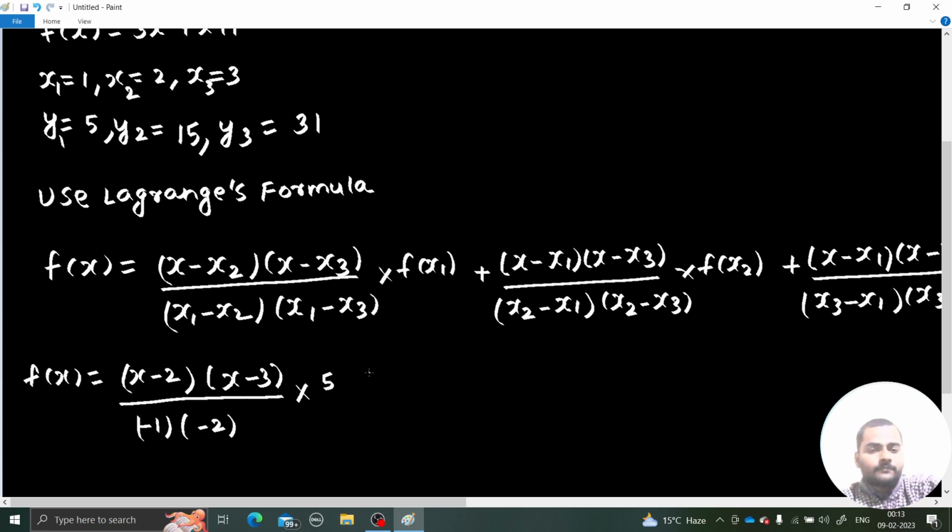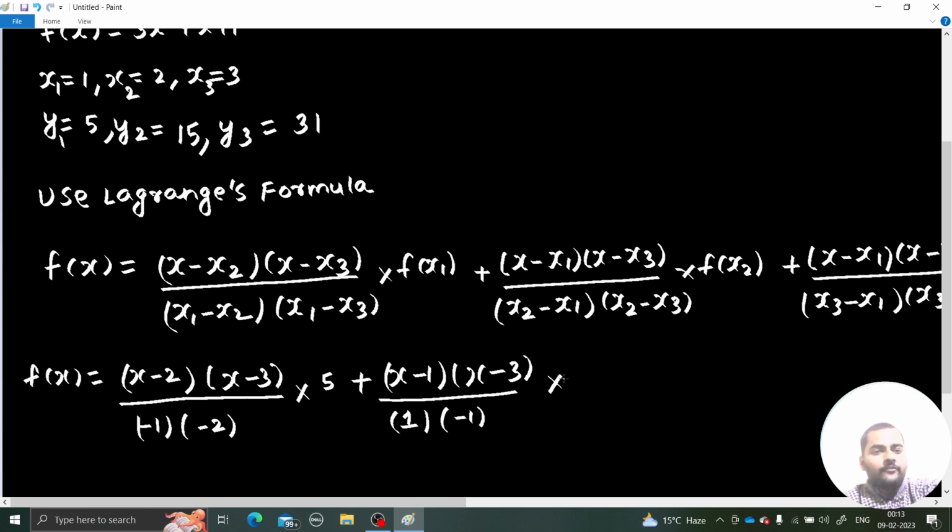Fine. Plus (x minus x1)(x minus x3), divided by x2 minus x1, which is 1, and x2 minus x3, which is minus 1, times f of x2, which is y2, that is 50.